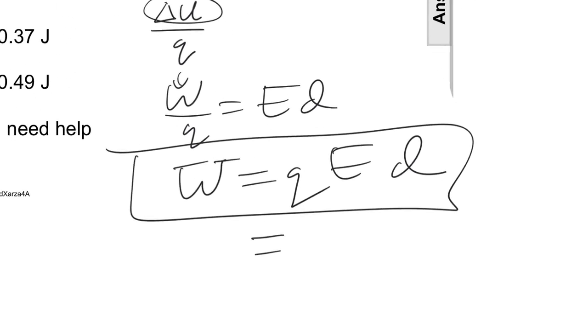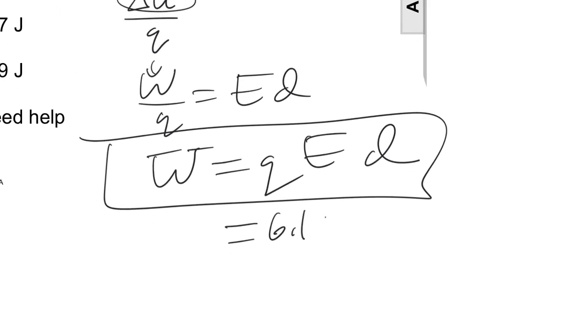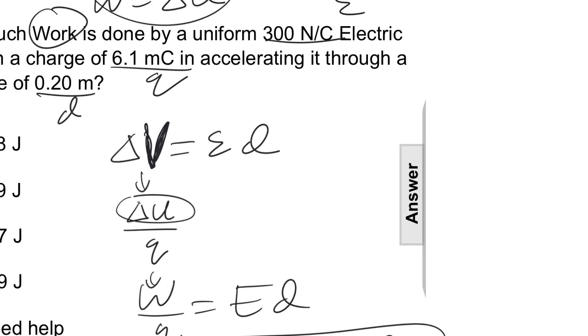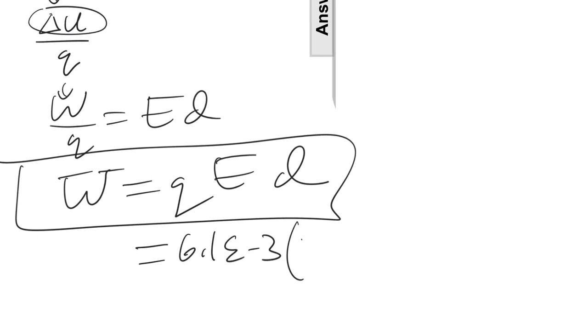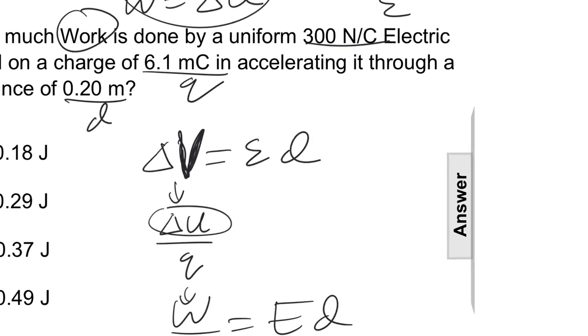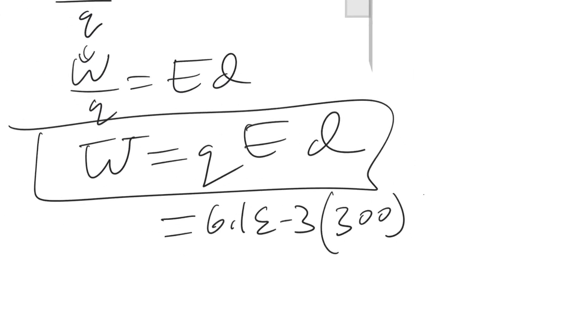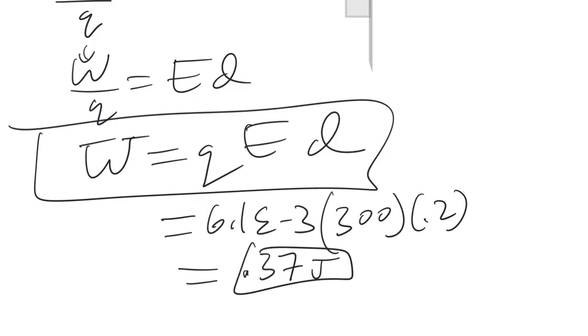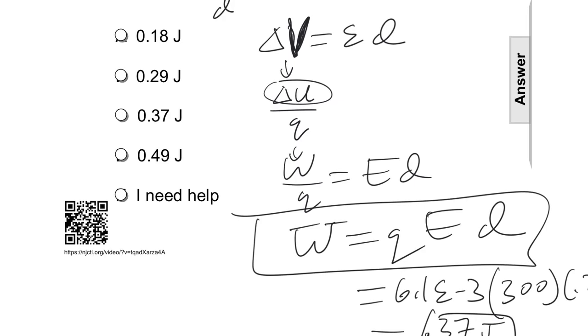So the charge is 6.1 millicoulombs times E is 300 newtons per coulomb times the distance, 0.20 meters. And I get 0.37 joules. There we go.